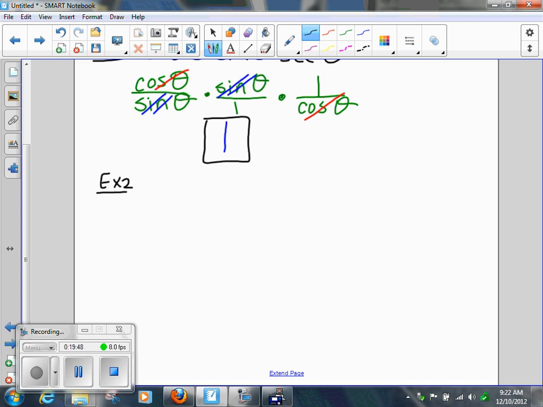All right. Here we go. Here's another one. Remember, we are writing these in terms of sine or cosine. Okay? All of them except the other.